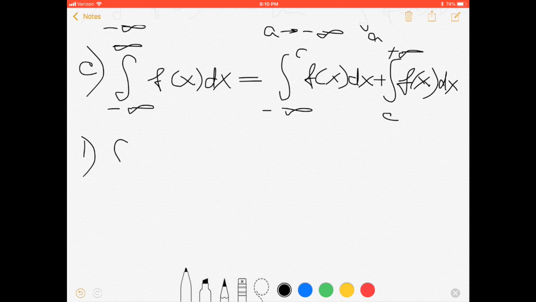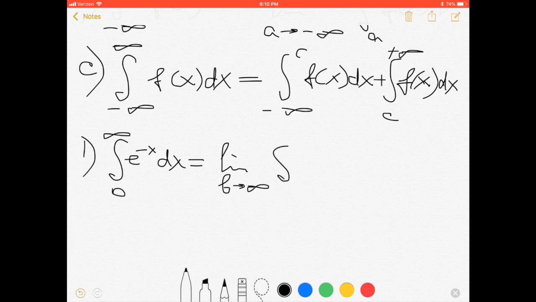If I have the integral from 0 to infinity of e to the negative x dx, this means, by our definition, we have the limit as b approaches infinity of the integral from 0 to b of e to the negative x dx.